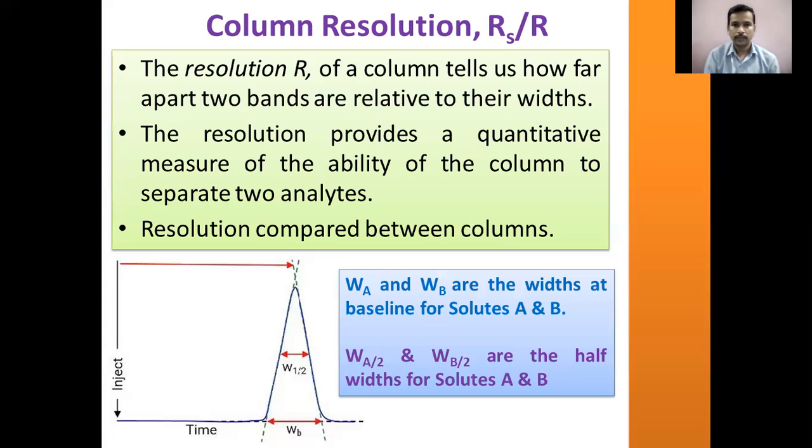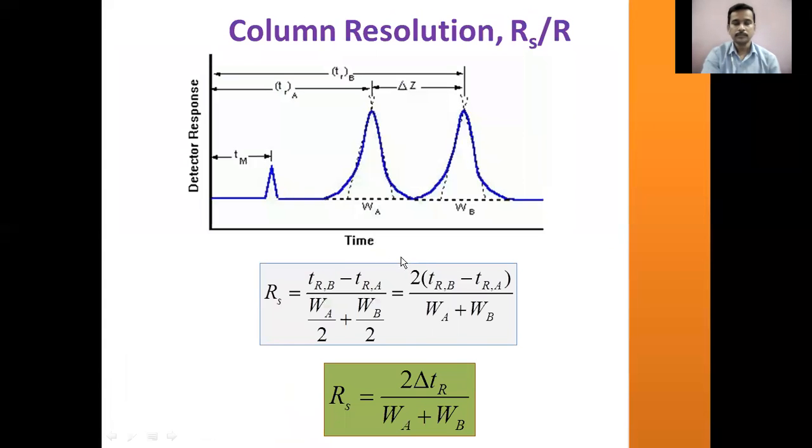Solute A will have baseline width of WAB, and solute B will have baseline width of WBB. The widths at 50% of the peak height are denoted by WA by 2 and WB by 2 for solutes A and B respectively.